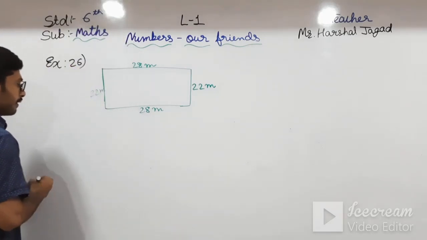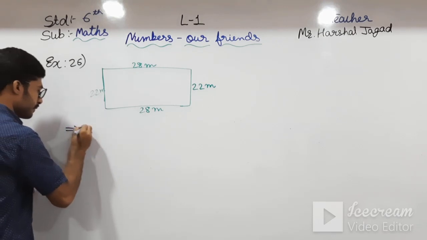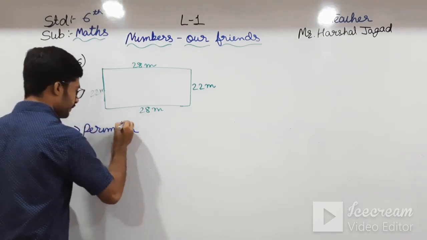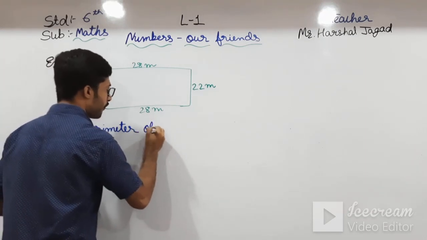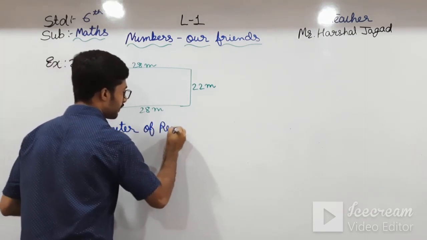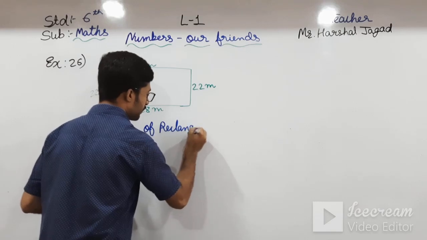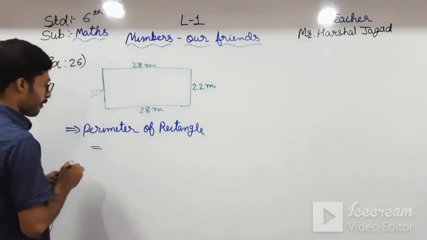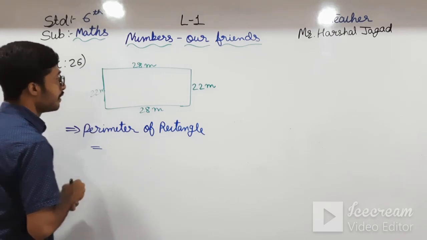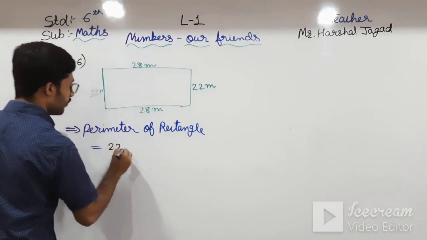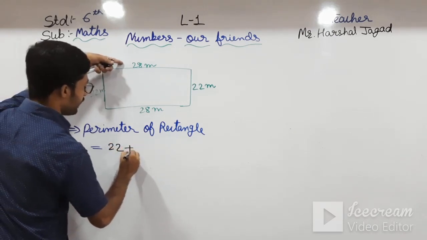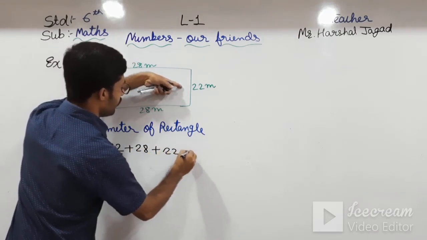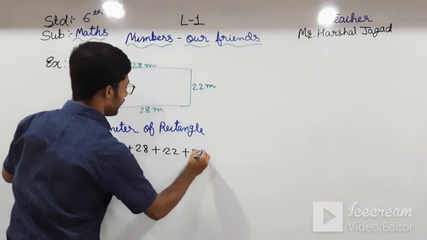So perimeter of rectangle is equal to 22 plus 28 plus 22 plus 28.